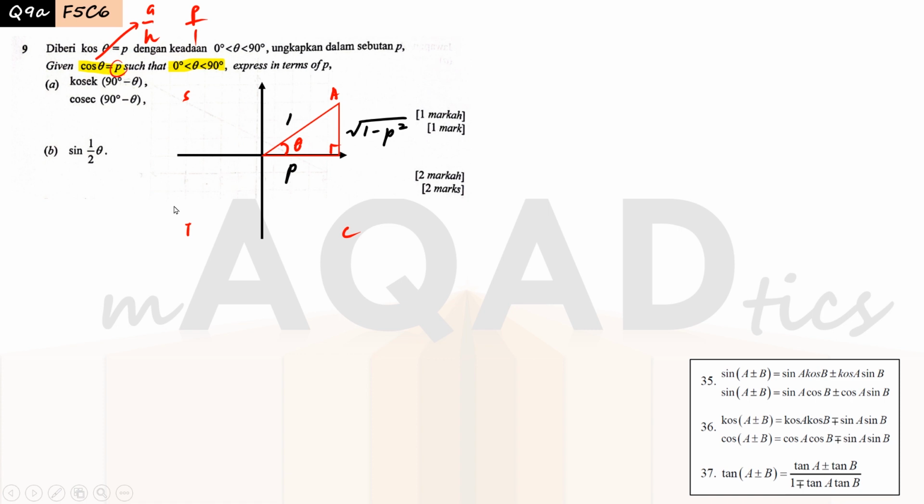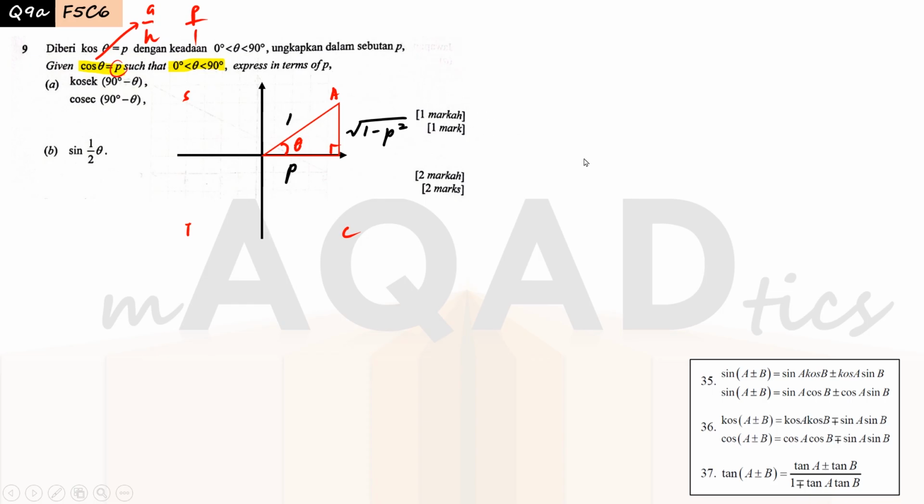Okay? So maybe there's a way, which is using cosecant. Maybe you can change it to sine, because cosecant is the inverse of sine, and then we can use the formula here.